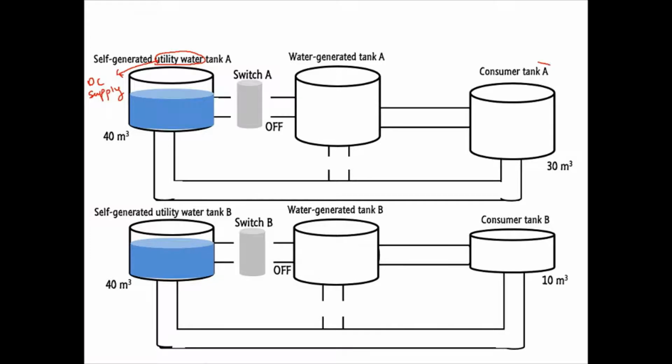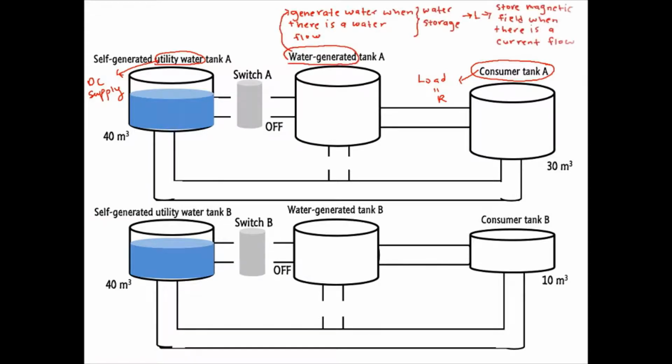Next, the consumer tank represents the DC load, which is a resistor in the circuit. In this system, the water-generated tank can generate water when there is a water flow.